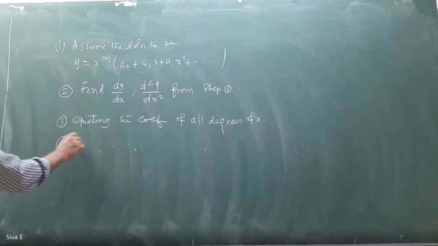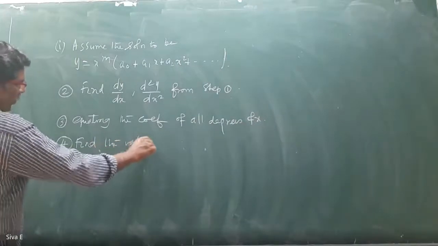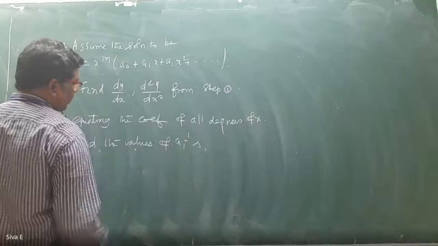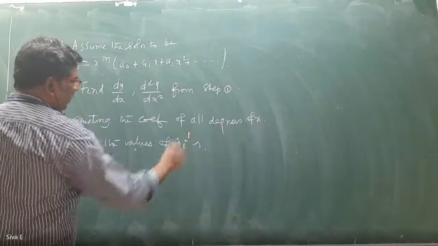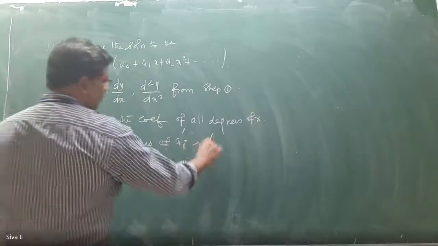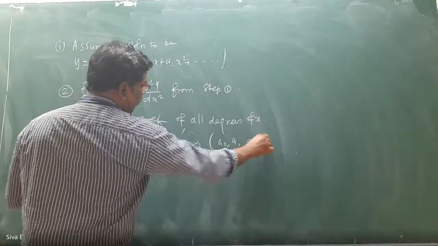Find the values of the ai's, that means a naught, a1, a2, a3.